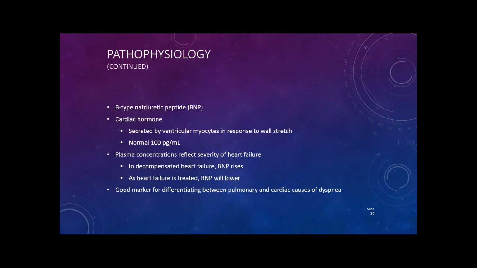As the heart failure is treated and there is a recovery, then those concentrations of the peptide will decrease. It is the best marker for you to be able to determine between someone's shortness of breath being a pulmonary issue versus a cardiac issue, okay?